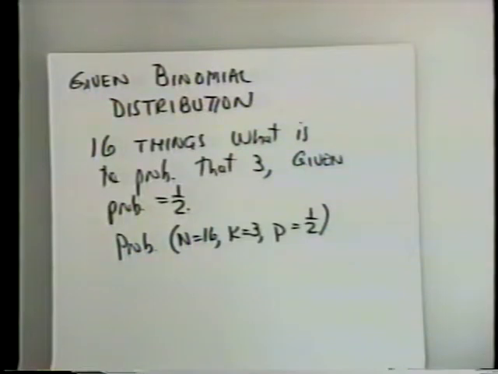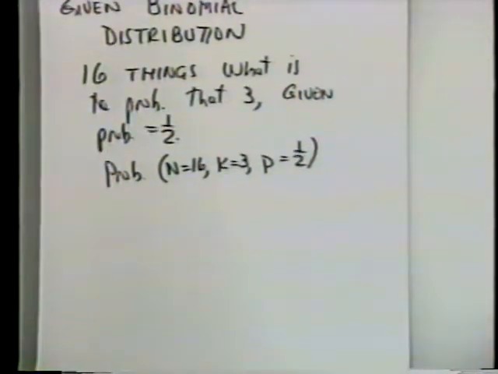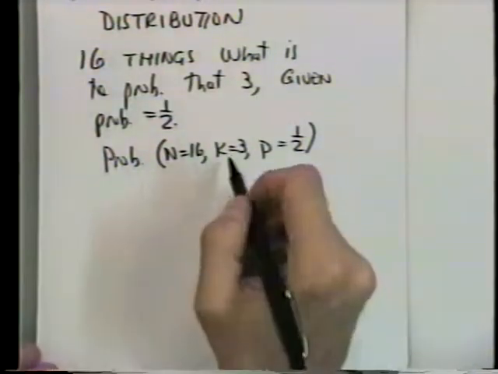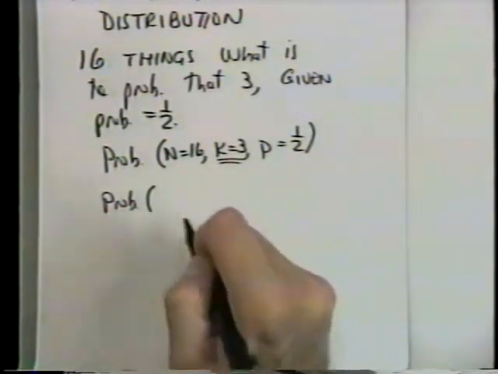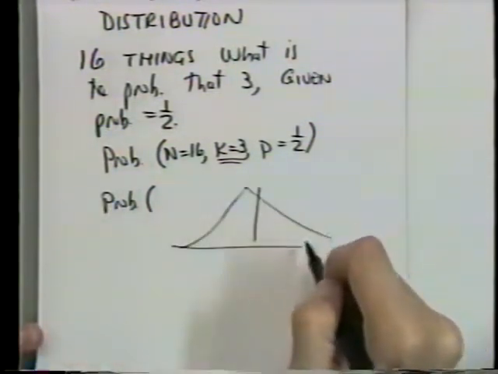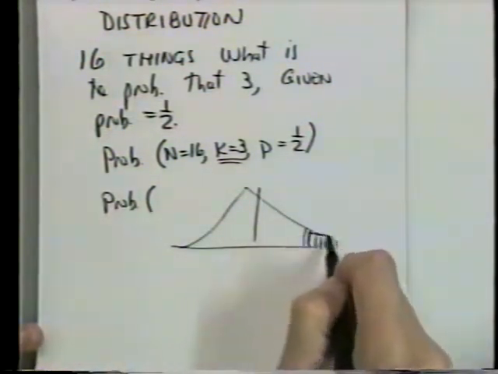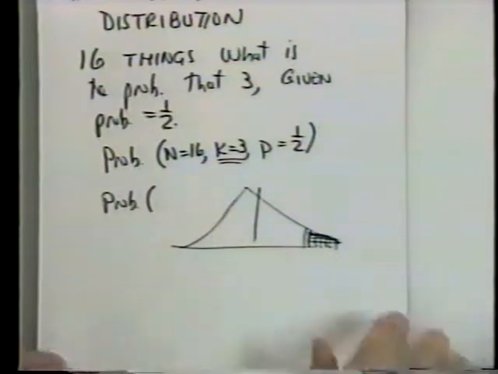So how do we calculate this? Well, what we're really asking is the probability, we're looking for the tail of this distribution. And actually, we're looking for the other tail.